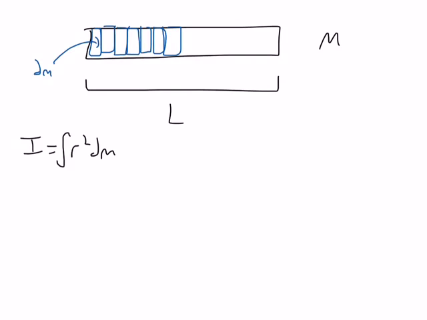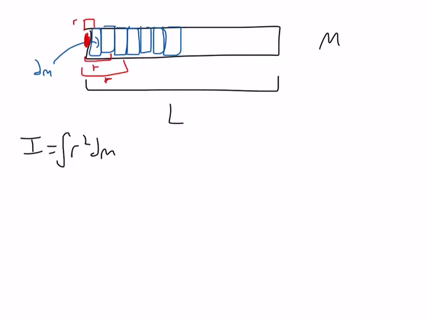Our pivot point is right there, that's where it's attached. So each of these chunks is a distance r from the pivot point, and each of those chunks is a different distance away.